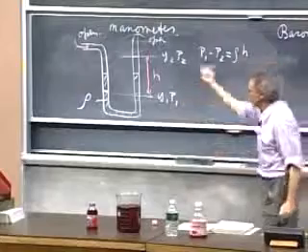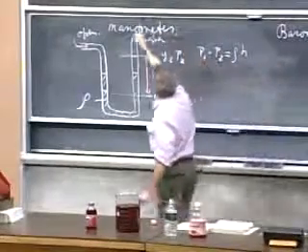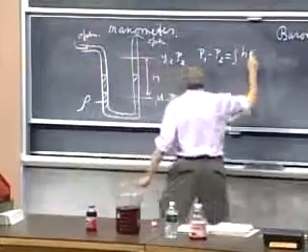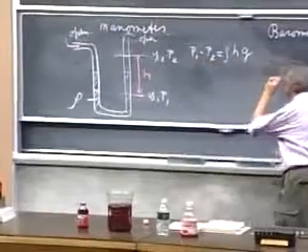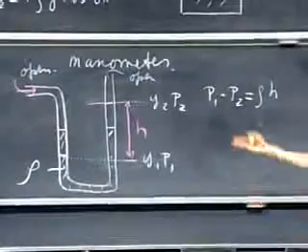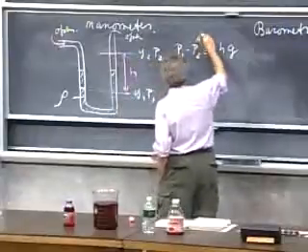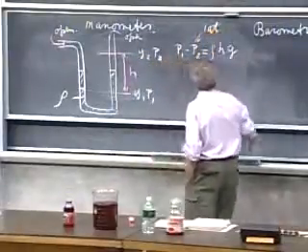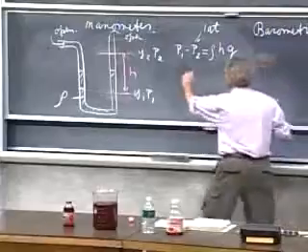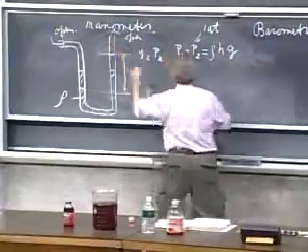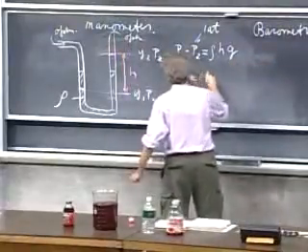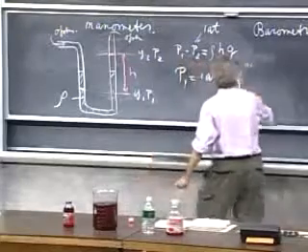I apply the law that we still have here. I know that the p2 level is 1 atmosphere. That's correct. This is 1 atmosphere. That's open to the world. So p1 equals 1 atmosphere plus rho h g.